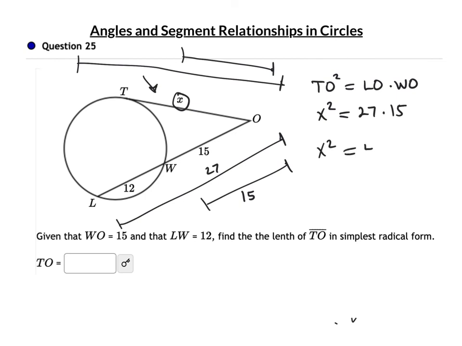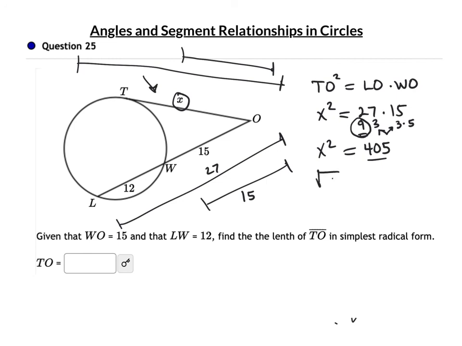That is 405. I know that 27 is 9 times 3. 9 is a perfect square. I'm just looking at my factors here. 15 is 3 times 5. Now look at that. 9 is a perfect square. 3 times 3 will make one more perfect square. And 9 times 9 makes 81. 81 divides into that.